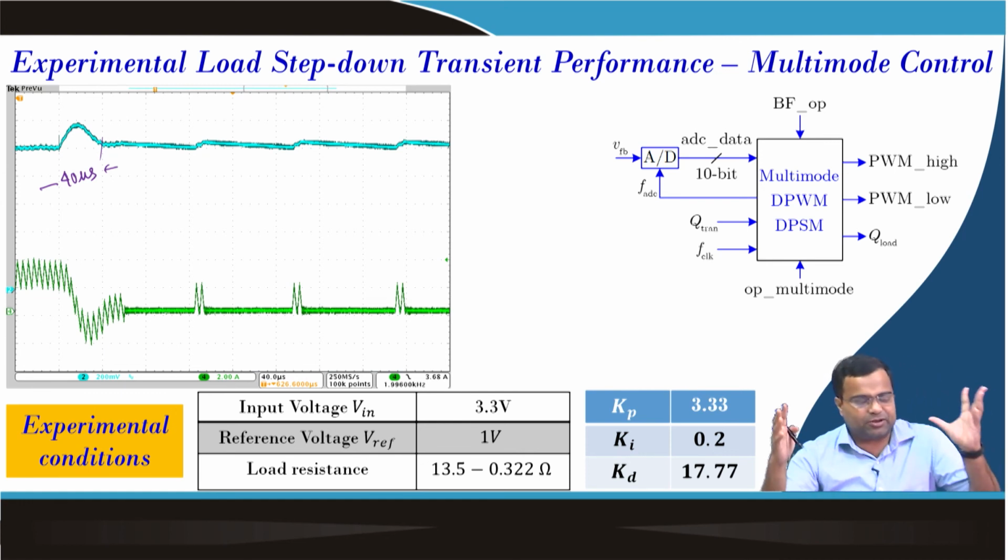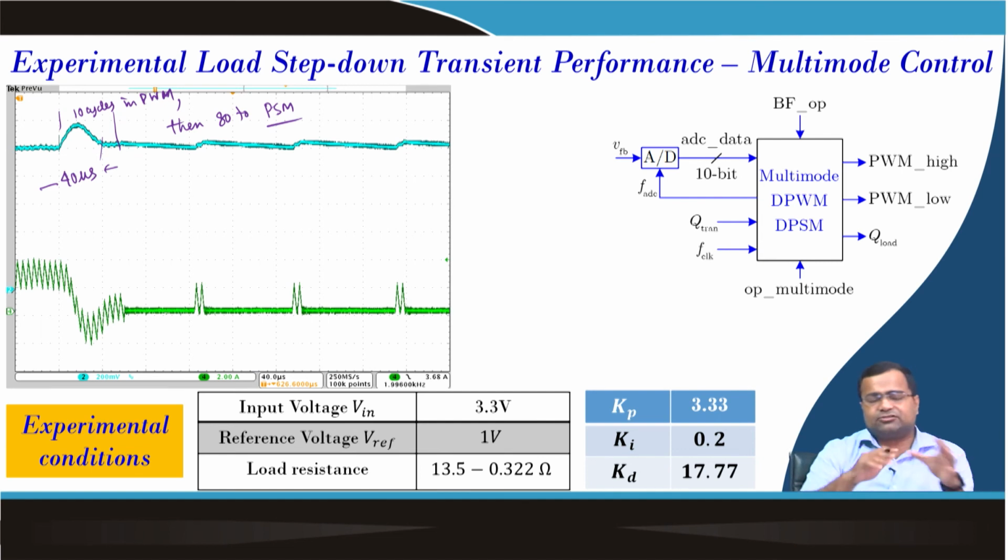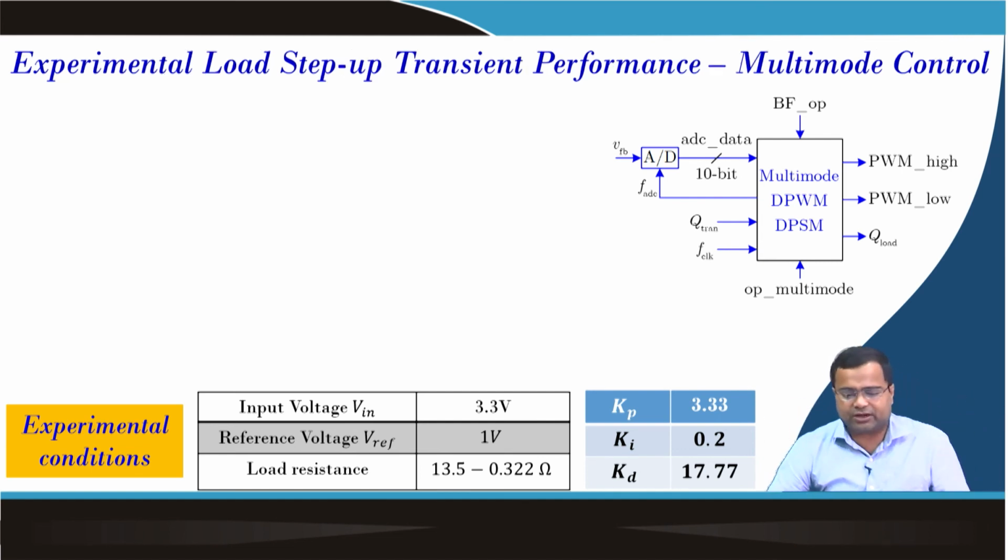Almost we can retain the PWM operation, and we have continued nearly 10 cycles in PWM, then go to PSM. And this logic actually varies from product to product, there are different types of logic, but I am just showing conceptual understanding.